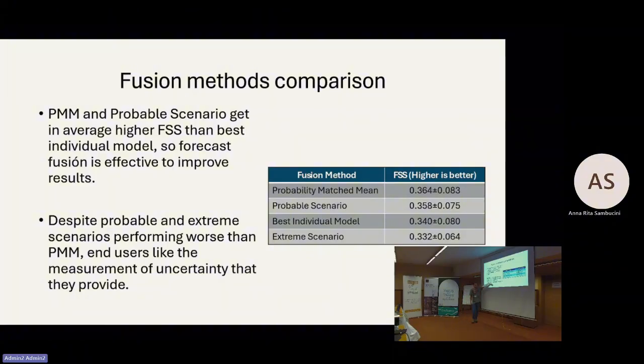Probably both of these give better results than our best individual model, which is also important. With an ensemble, we get more accuracy than with an individual model. The extreme scenario is a little bit lower, but it is meant to account for extreme scenarios, so it is normal.